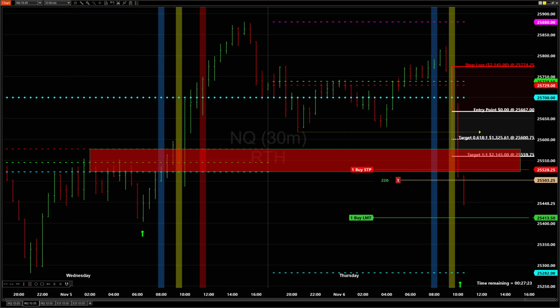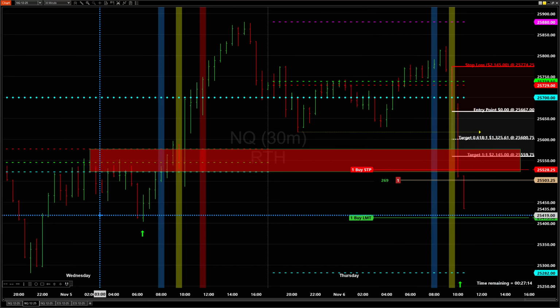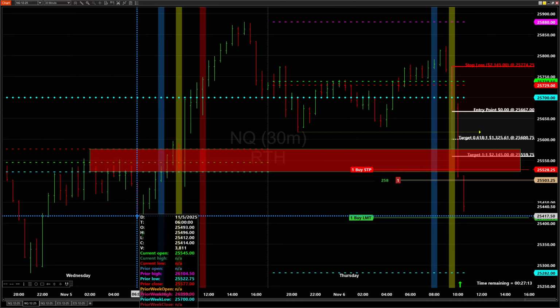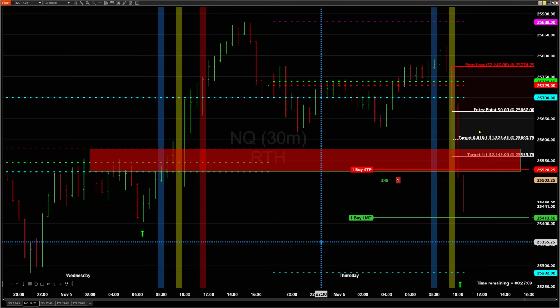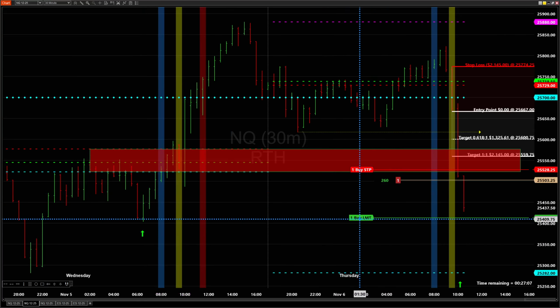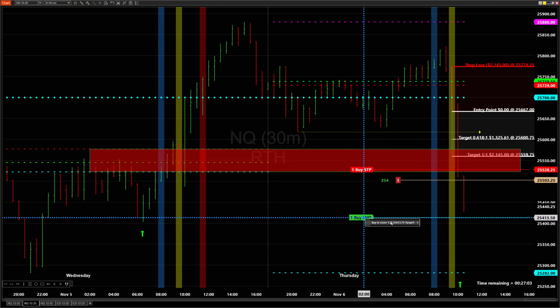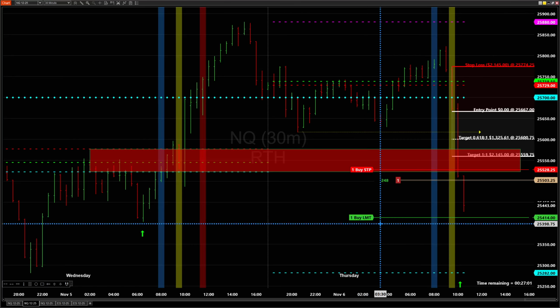Continuing to fall, new lows. New lows. We're not even 5 minutes in at this point. Close was 14. Open was 13. I'm going to move it to 1425.